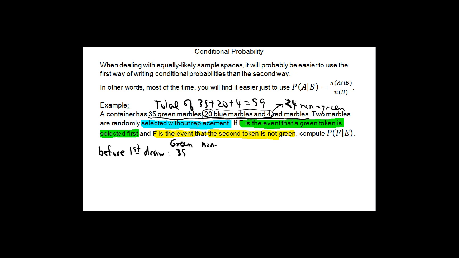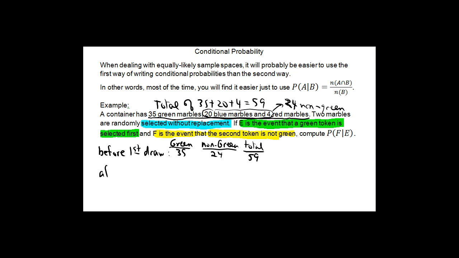And again, I don't care whether they're blue or red, it's just whether they're green or not. And there are 24 non-green for a total of 59. I had already done all those calculations, but I just want to organize it.